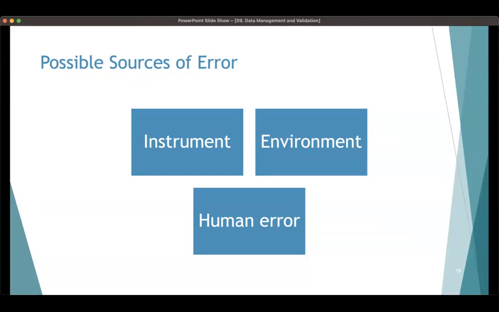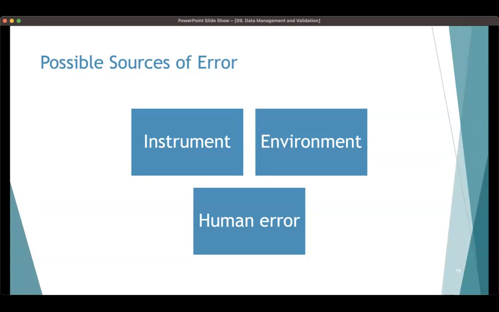We have to be aware of these error sources. Otherwise, if an error comes, we are not able to fix that error and continue. So we should identify from where this error occurs.